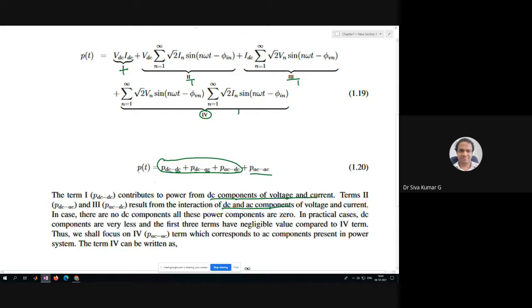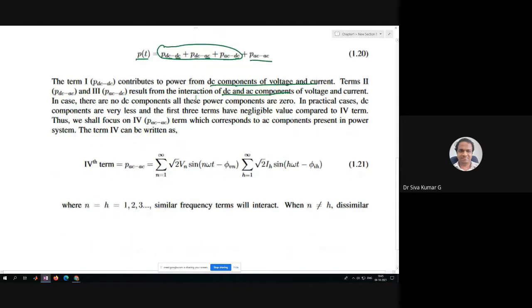Now our concentration will be on the fourth term of this particular equation, which contributes the real power, that is, the interaction between AC voltage and AC current.